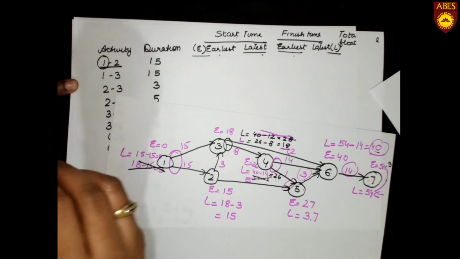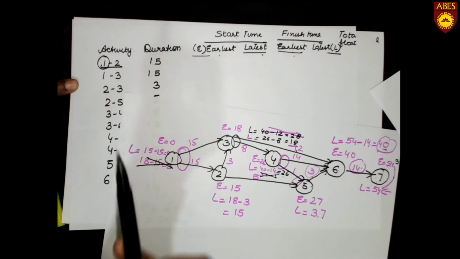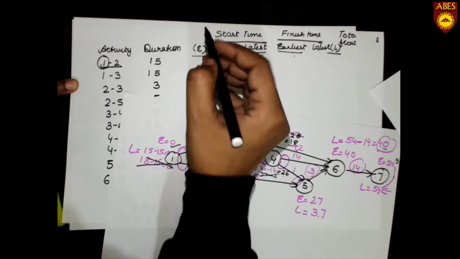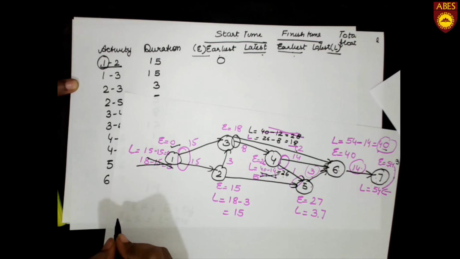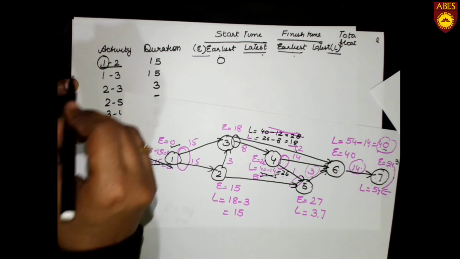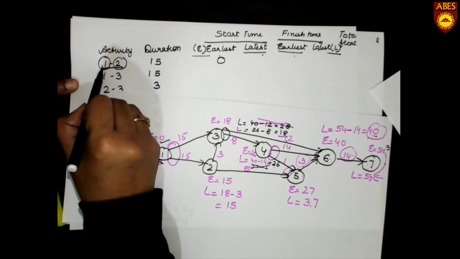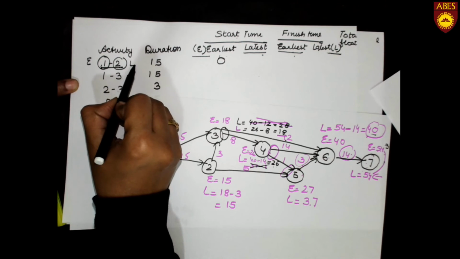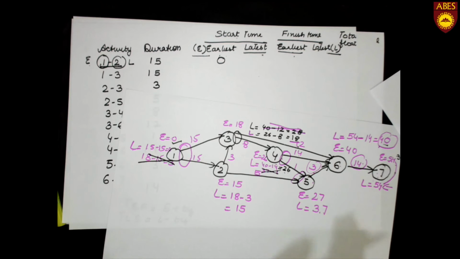So what is the value of E at 1? It is 0. So we will write over here 0. And next, what is the value of L over 2? For 1 we take the value of E, for 2 we take the value of L. So that will be the total maximum time from 1 to 2 at events.